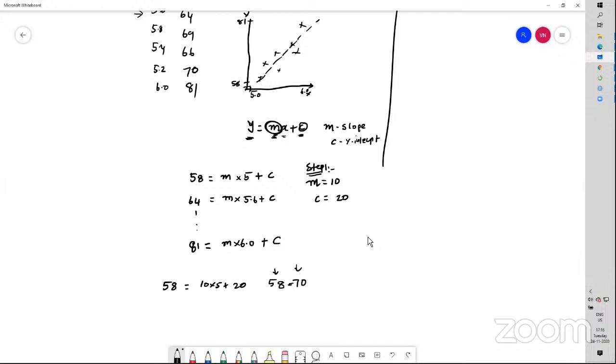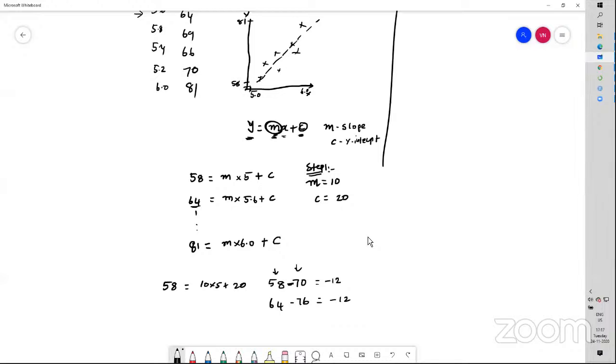The difference between the original output and the output generated is, let's say, minus 12 in this case. Similarly, for the second observation, 5.6 into 10, 56 plus c, 20, 76. So 64 minus 76, again minus 12.